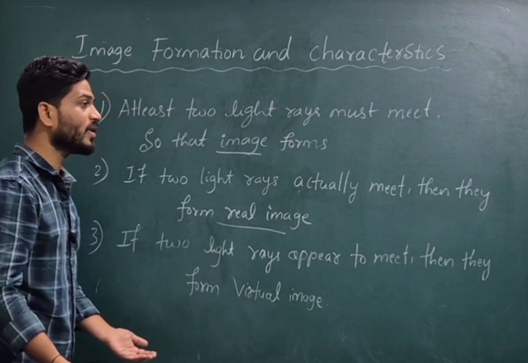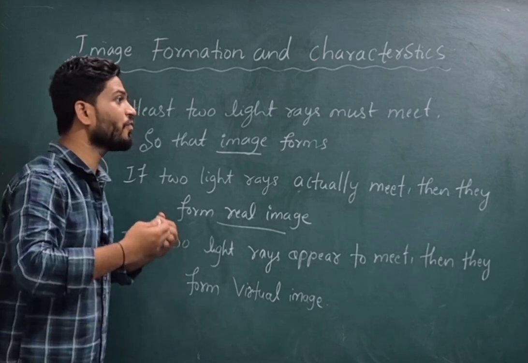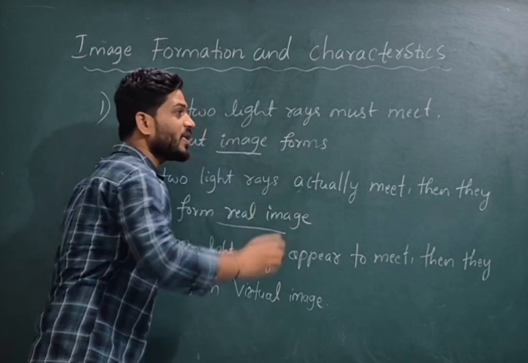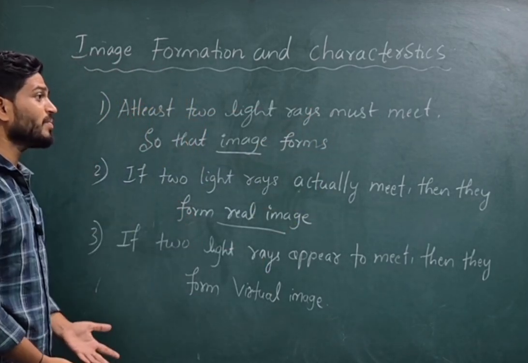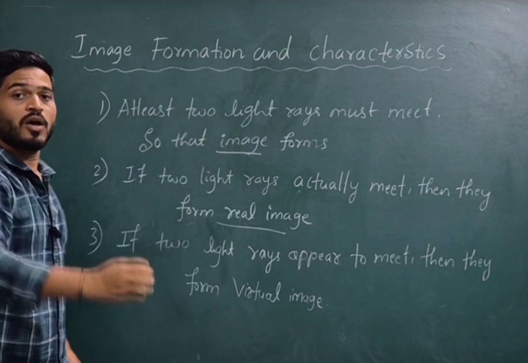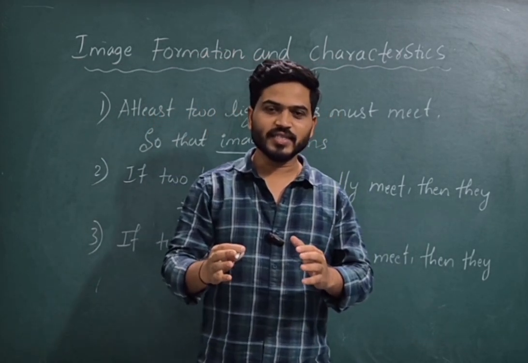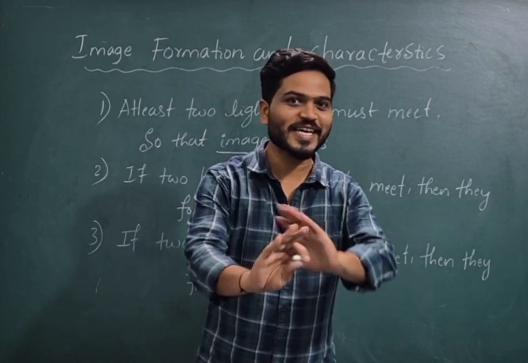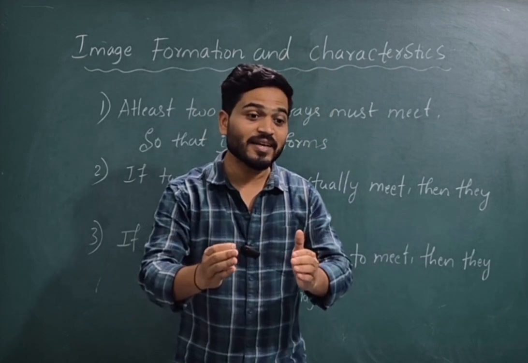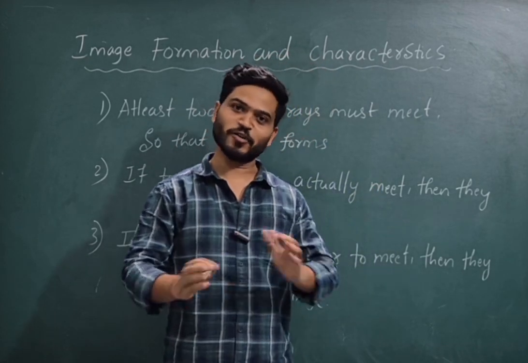It is an illusion for us that we are there inside the mirror. That means that image is a virtual image. Here light rays appear to meet, they are not meeting. It feels that they are meeting, but in reality they are not.